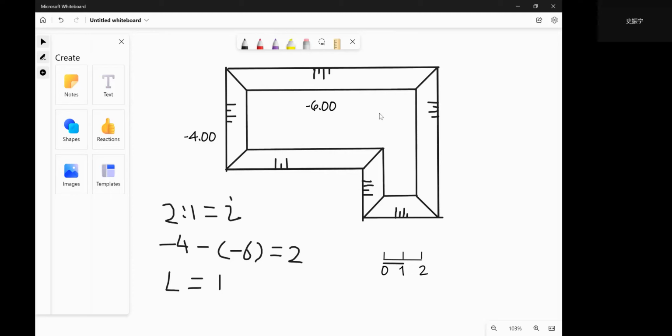Okay, so I will discuss this with teacher Peng. So how to do the examination? Actually, it's a very hard problem, a very big problem, because it is a drawing.